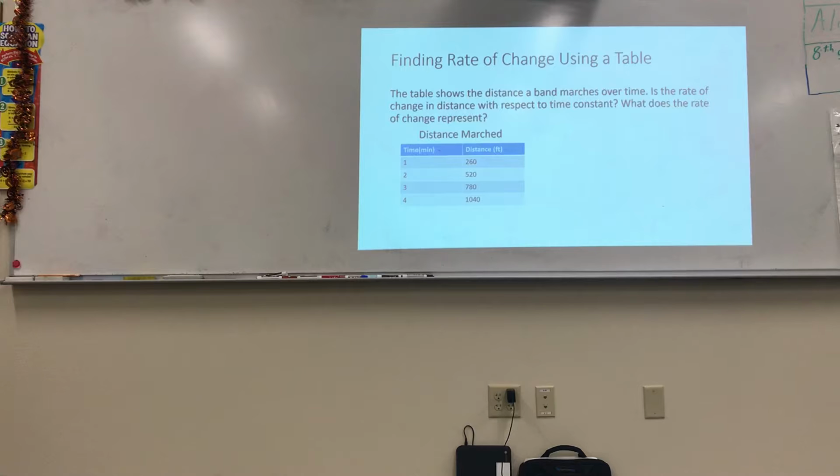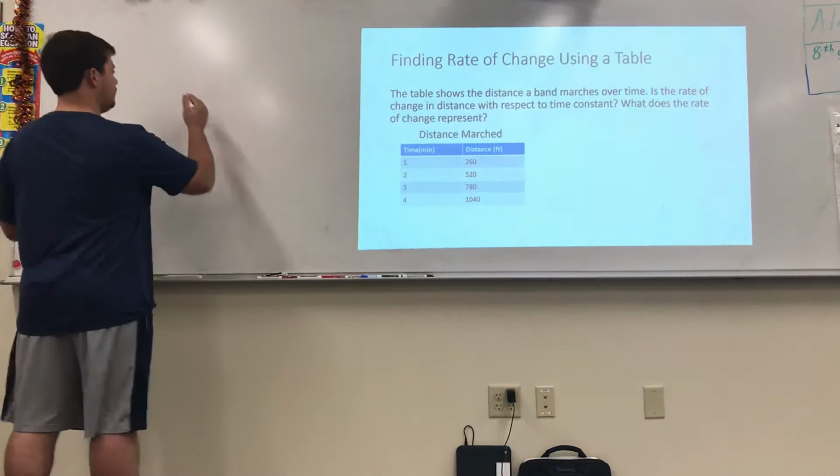Alright, the table shows the distance a band marches over time. Is the rate of change in distance with respect to time constant? What does the rate of change represent? So, one way we can find this is we can find the change in our y.